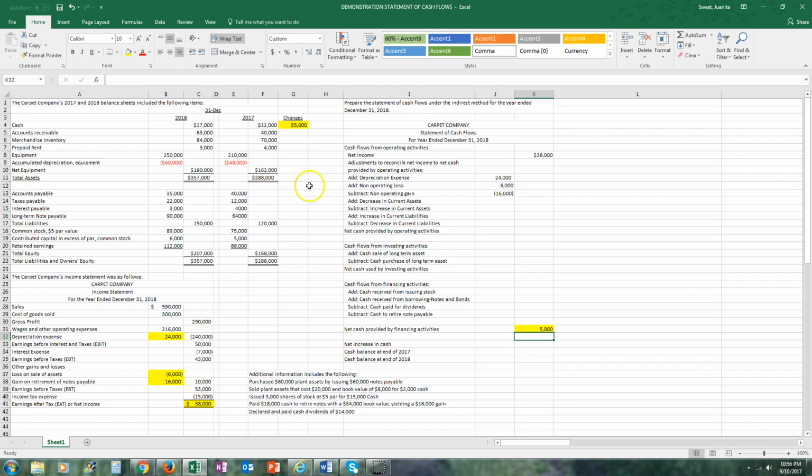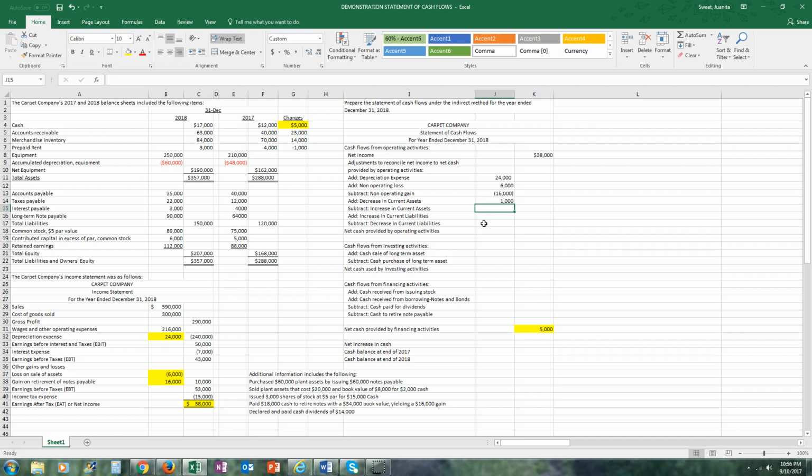So we're going to look at those things that were accrued and those things that either did or did not involve cash. Looking at my current assets, I see that accounts receivable has increased $23,000. Merchandise inventory increased $14,000, and prepaid rent went down. When we have a decrease in a current asset, we're going to add that back. This means that we had some rent expense that we actually had paid in advance, so we didn't have to use cash this time because it was used last time.